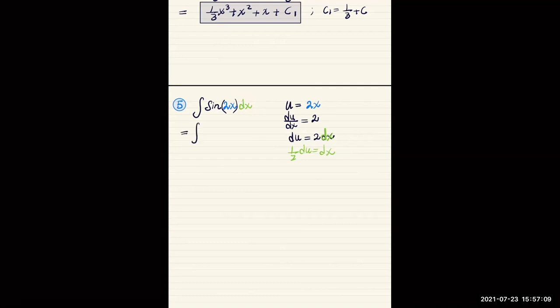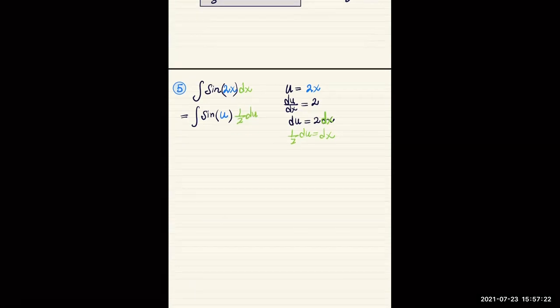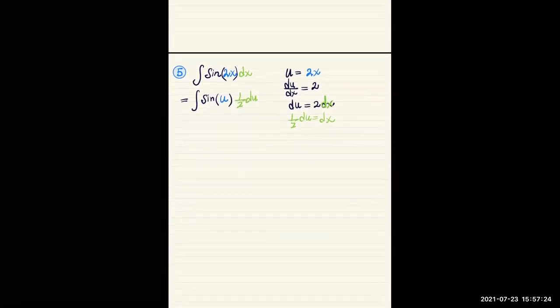This transforms to the antiderivative of sine of u, and that dx is 1/2 du. You could have just begun by moving the half out of the integral. You could just skip that step and write the half out.